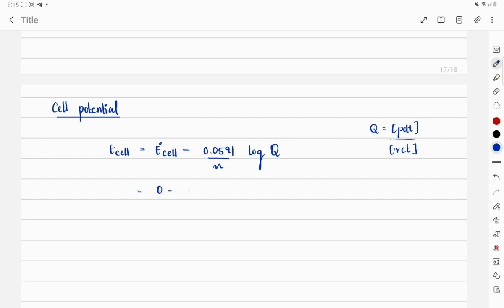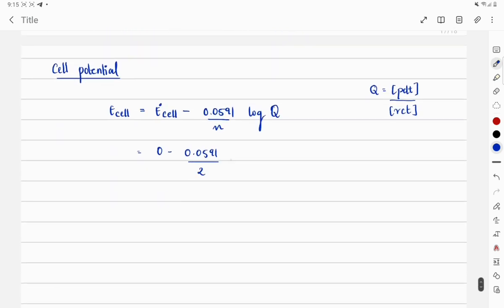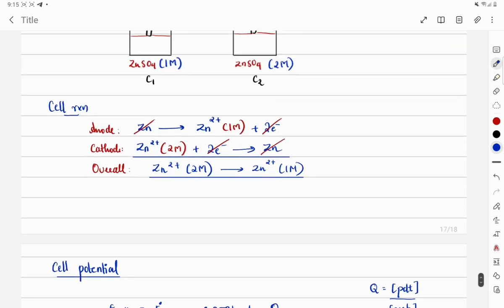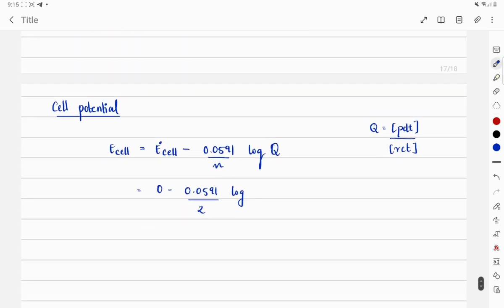So 0 minus 0.0591 divided by, what is the n value here? n is the number of electrons involved, which is 2, divided by 2 log concentration of product by reactant. So what is the product here? When you look at this particular equation, the concentration of product means it is 1 molar, right? 1 molar product and 2 molar reactant. So product by reactant will be 1 divided by 2.